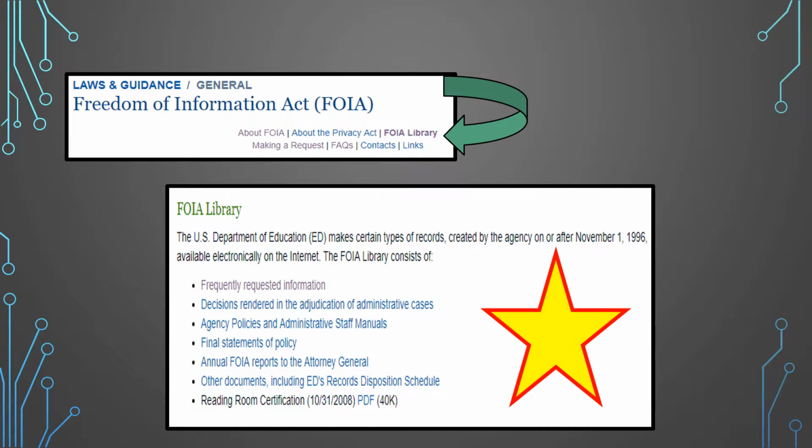But one of the neat things that I found is that there is actually a FOIA library within the United States Department of Education. So there's a lot of stuff that's already been requested, and they've posted that and have made it already publicly available. So before submitting your request and having to wait or pay, you might want to search through the library to see if in fact something that is interesting you is already there.